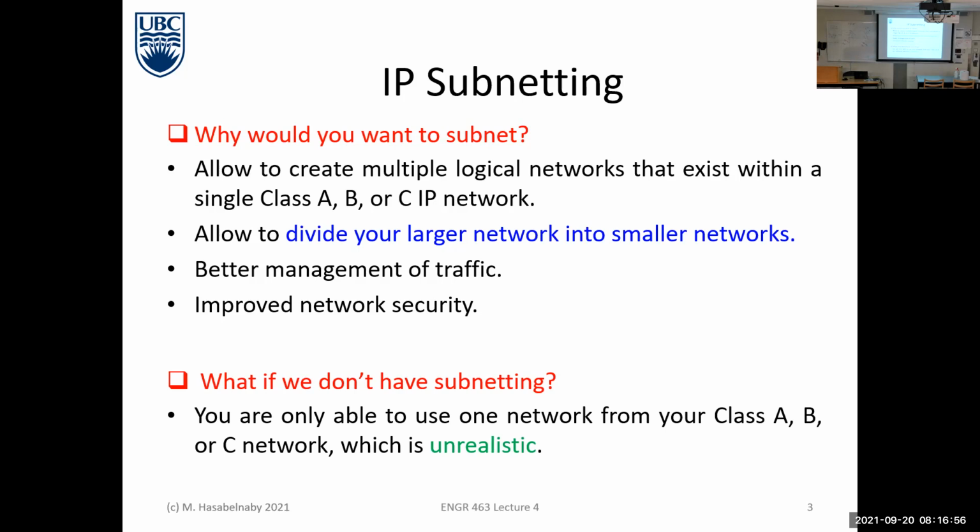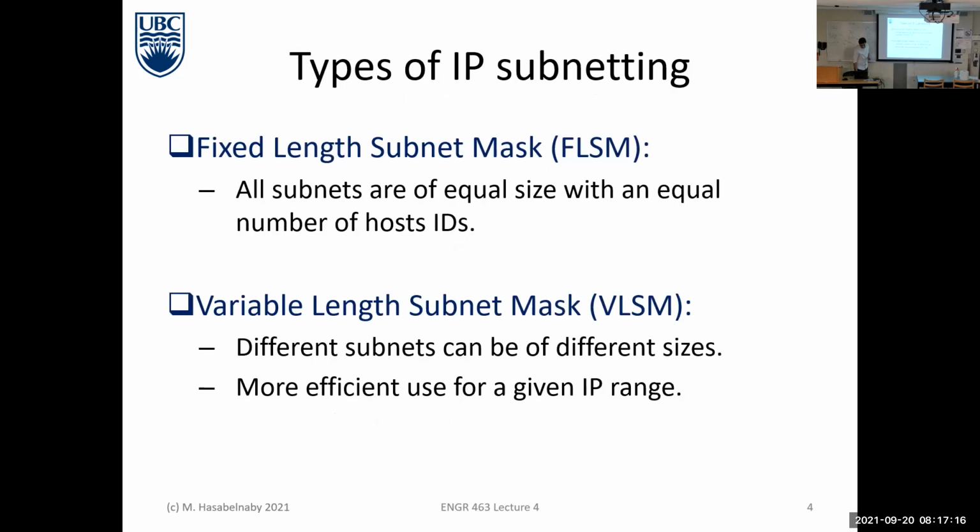Our resources here means hosts and IP range. This is our resources. So the main benefit of subnetting is that it allows us to create multiple logical subnetworks under the same main network. This is the benefit of IP subnetting.